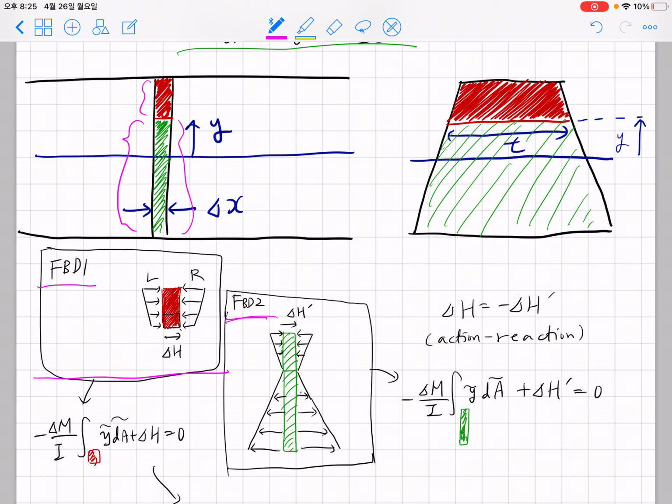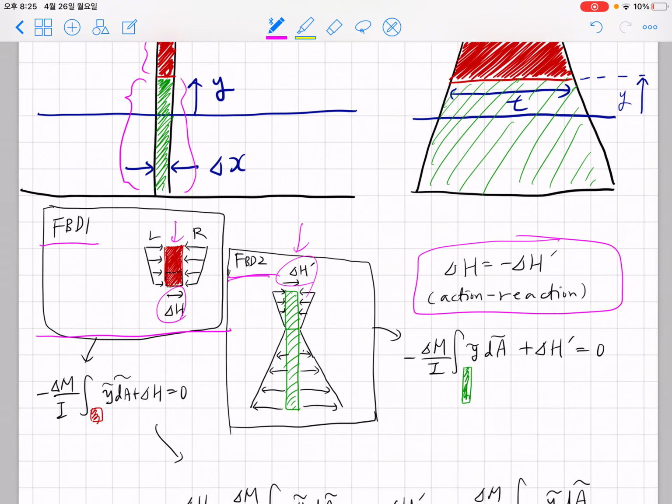But here what we have to be careful is when you define delta H here and delta H prime here, because this red volume and green volume are like action and reaction pairs, and according to Newton's famous third law, we can very easily recognize that delta H must be minus delta H prime. Okay, so they have same magnitude but opposite sign.